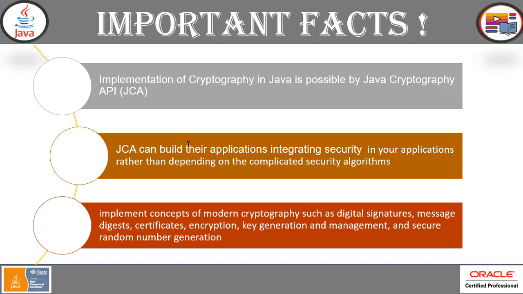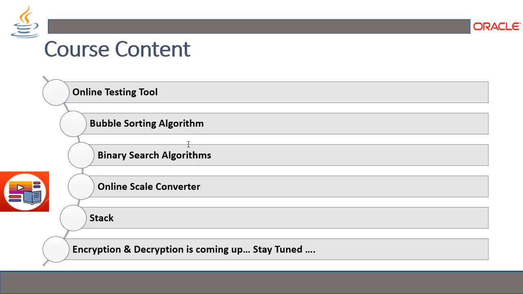JCA can help build applications integrating security rather than depending on complicated security algorithms. Implement concepts of modern cryptography such as digital signatures, message digest, certificates, encryption, key generation and management, and secure random number generation.